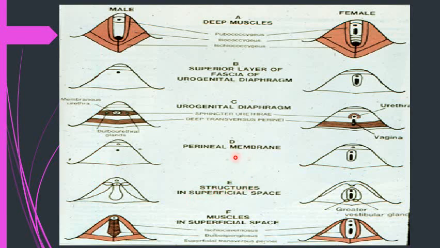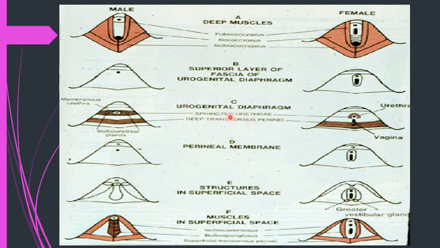Now when removing all of this and moving deeper into the perineum, there is the perineal membrane, and deep or superior to the perineal membrane, you can see the area of the deep perineal pouch having the deep transverse perineal muscle and sphincter urethrae.